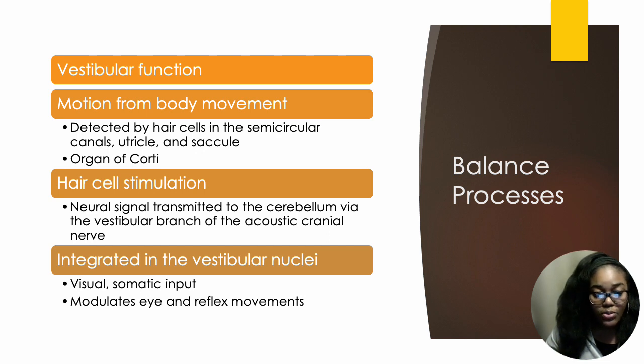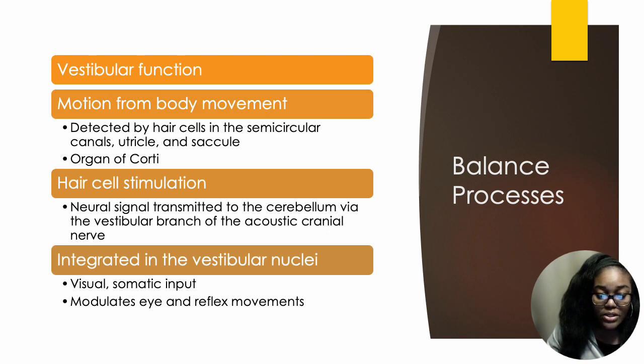But just as a little bit of A&P for this, when we have motion from body movement, it is detected by hair cells within the ear. Particularly, it's in the semicircular canals, the utricle and the saccule, and your organ of Corti. Once that hair cell is stimulated, that neuronal signal is transmitted to the cerebellum via your vestibular branch of the acoustic cranial nerve, and that's where you have balance that is processed.